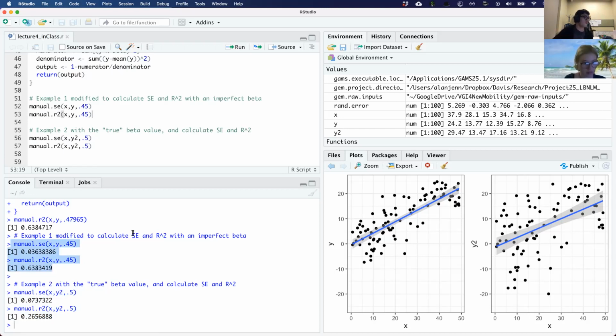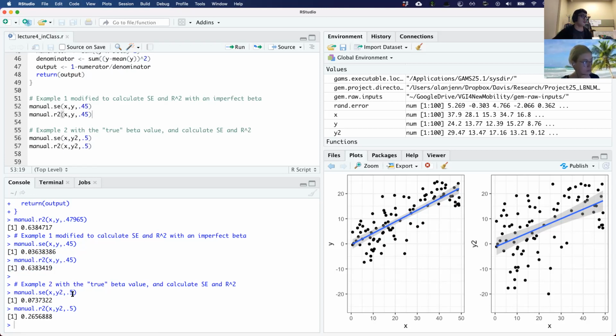But in some respects, that is true in terms of how close the line is to the points, but it doesn't tell you anything about the true measure of our fit against the true value, right?